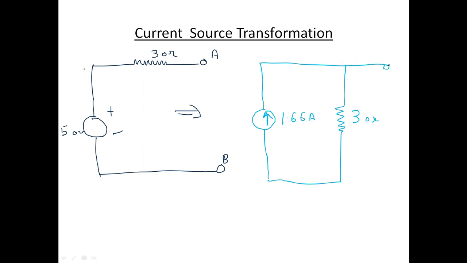So this is our point A and this is our point B. So how have we calculated 1.66? Let us see here. V is equal to IR, so I is equal to V by R. Here V is given as 50 volt, divided by this resistance, that is 30 ohm.